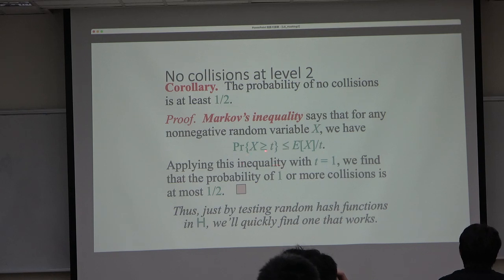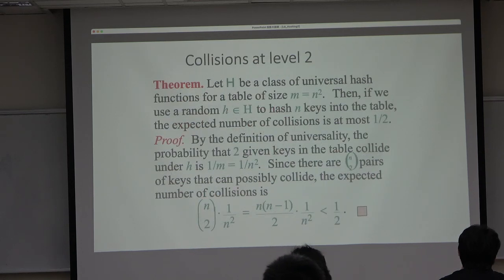So the probability for this x, which is obviously the number of collisions, to be greater or equal to 1 is at most the expected number of collisions divided by 1. We know the expected number of collisions from here, which is 1 over 2, right?